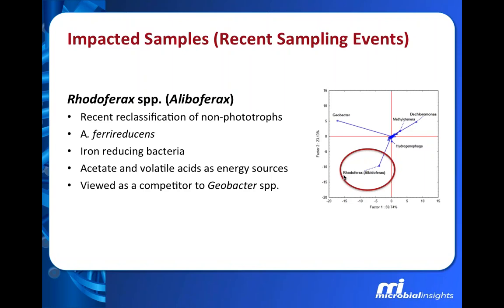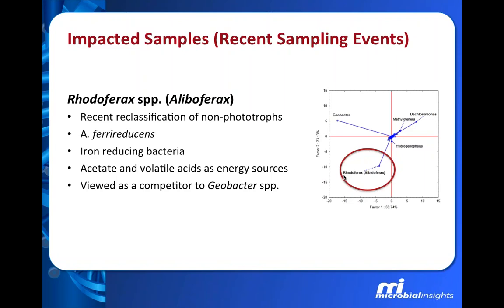So in this case, the non-phototrophic Rhodoferax were pulled out, most notably an iron-reducing species, ferrireducens, and reclassified into a new genus, Albidoferax. So the organisms formerly known as Rhodoferax ferrireducens are acetate-utilizing iron-reducing bacteria, similar to what we said for Geobacter.